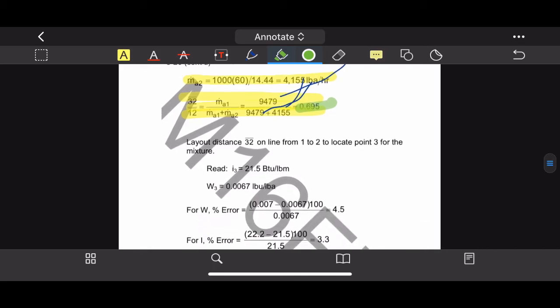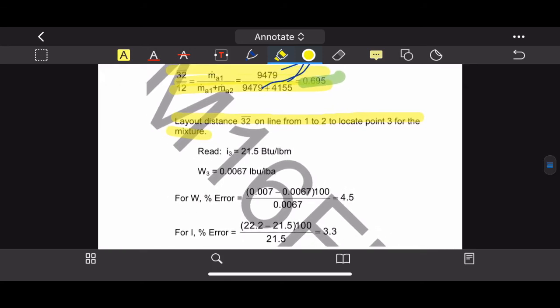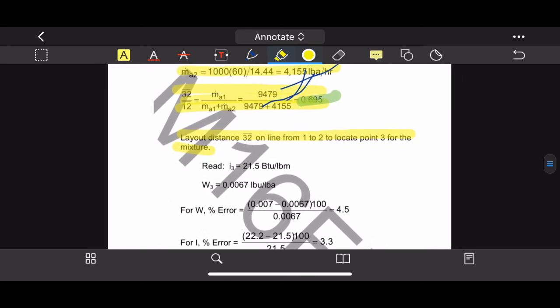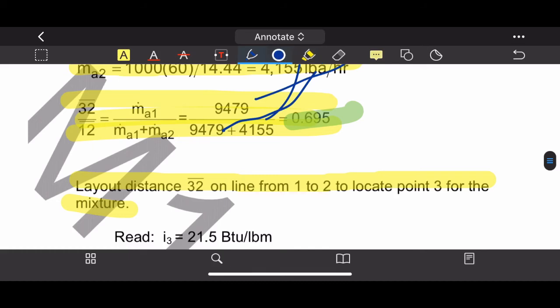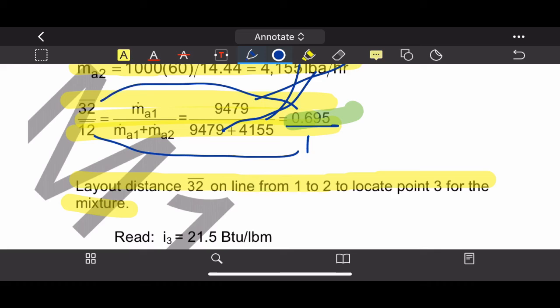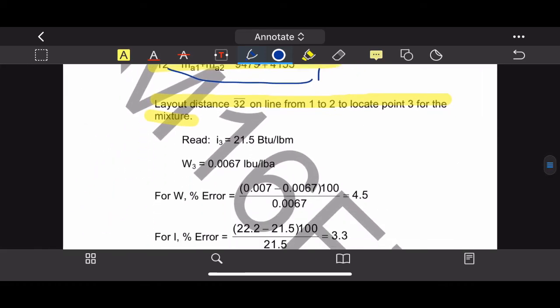So the layout distance of 3,2 on the line from 1 to 2, we locate the point 3 of the mixture. You can see there that 3 to 2 is 0.695, and of course this is divided by 1. 1 will refer to 1,2. 0.695 will refer to 3,2. The distance, yeah, the ratio distance.